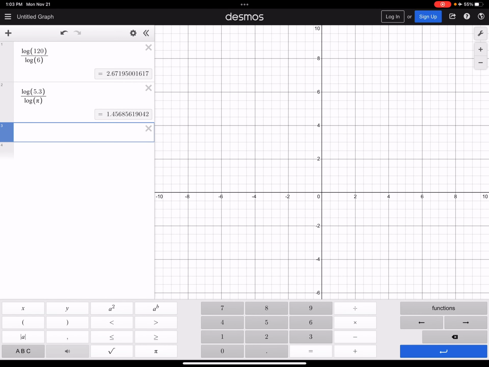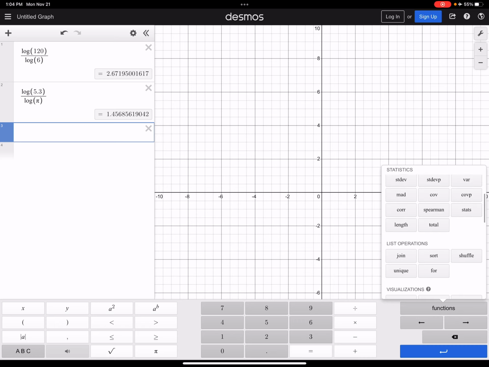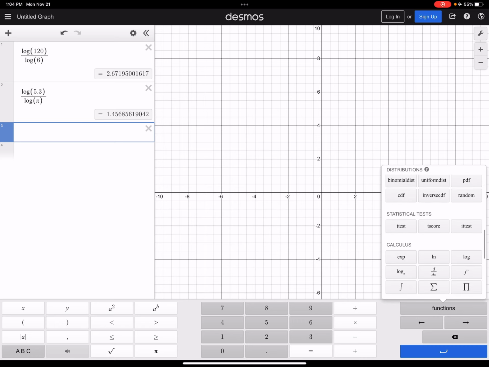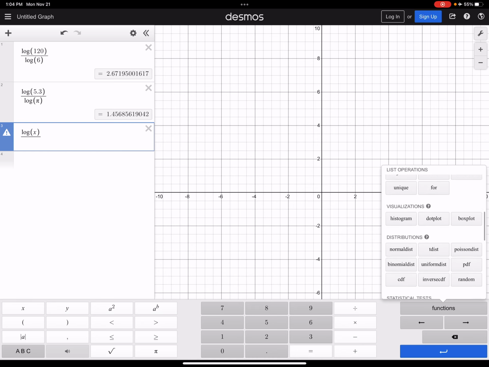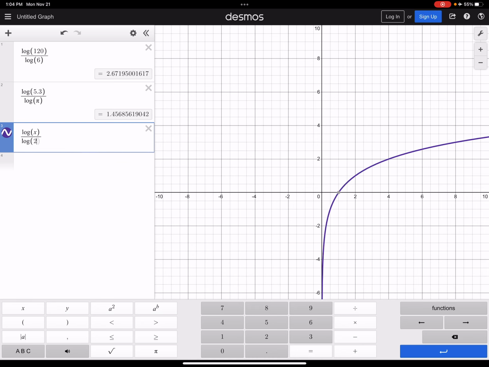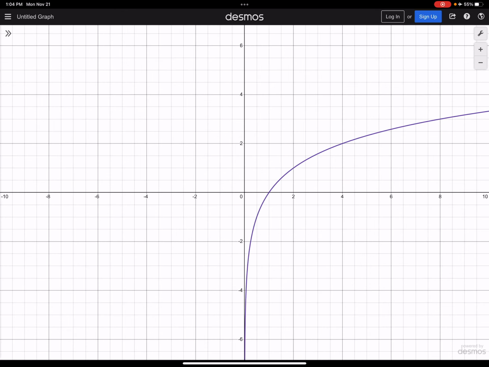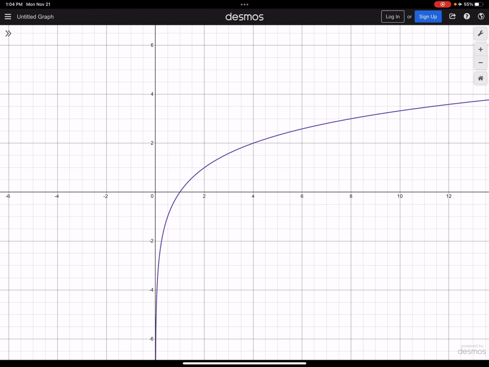We have, using our change of base formula, log of x over log of 2. And this is going to show us the graph of log base 2.